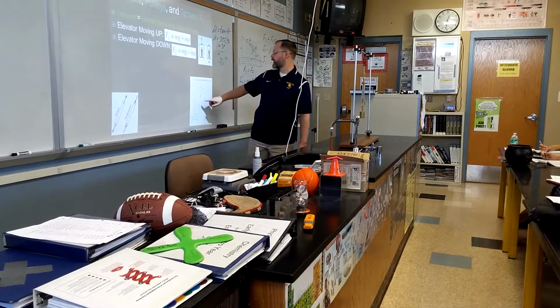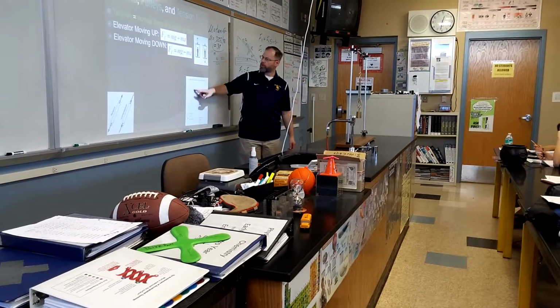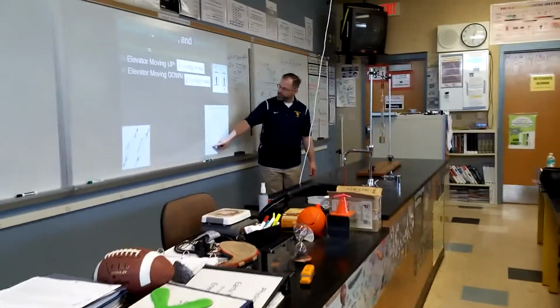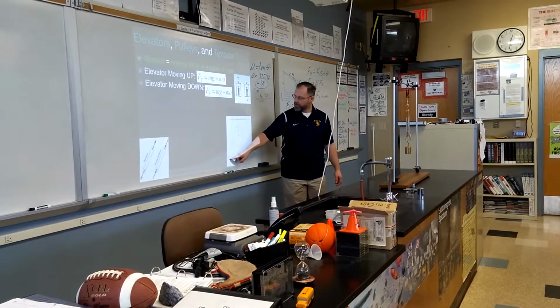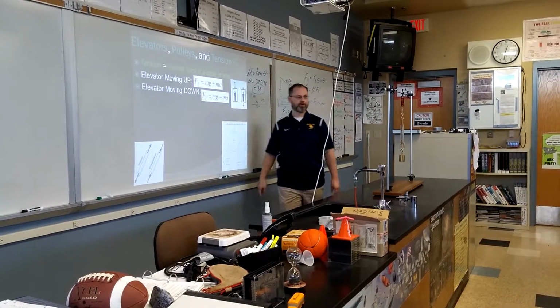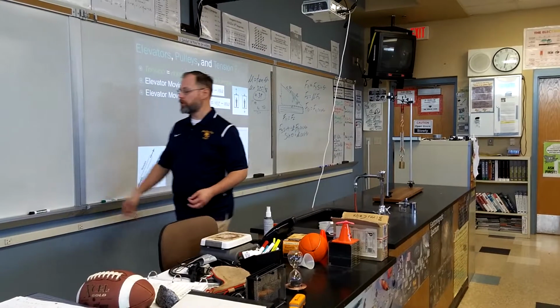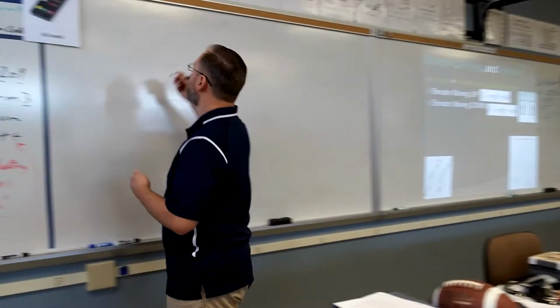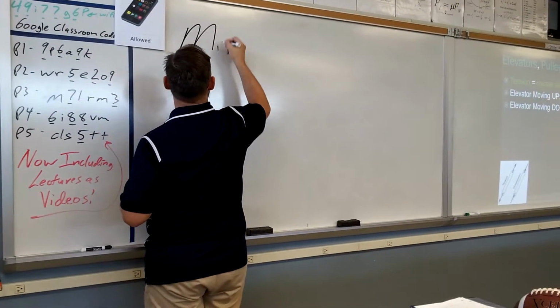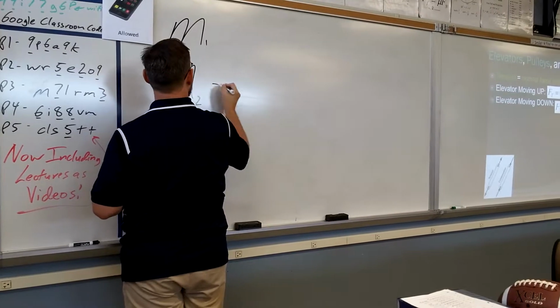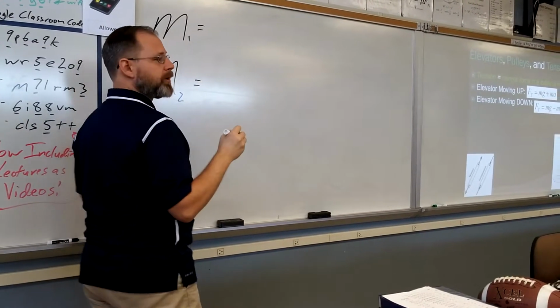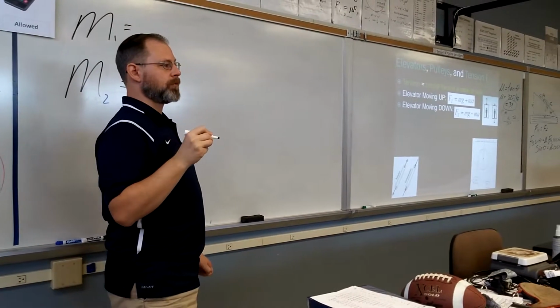I have a model of the situation right here. Here we have a pulley. We have a mass 1 and a mass 2, and they're accelerating this way, and a tension 1 and tension 2. What I need from you is the mass of the objects. What is the mass of mass 1? 12.